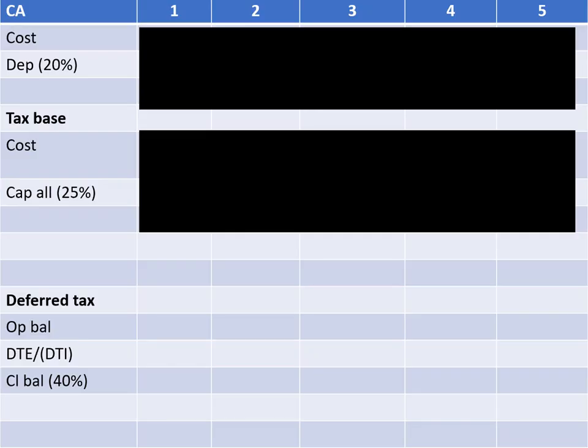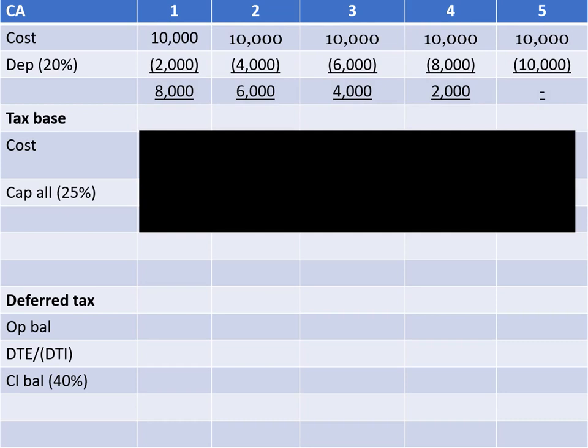And these are our workings. So if we look at our accounting working, we start on year 1, year 2, year 3, year 4, and year 5. The depreciation is 20% because, as we've been told in the scenario, it's a 5-year useful life. So in other words, we end up taking off 2,000 every year.